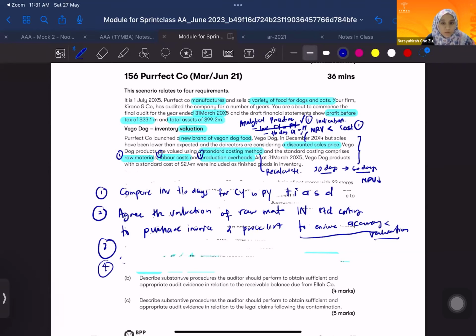Let's refer to the chat box for point number 5. What else? Do they have WIP here?